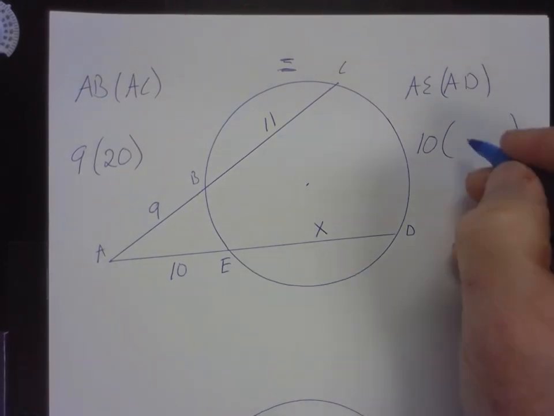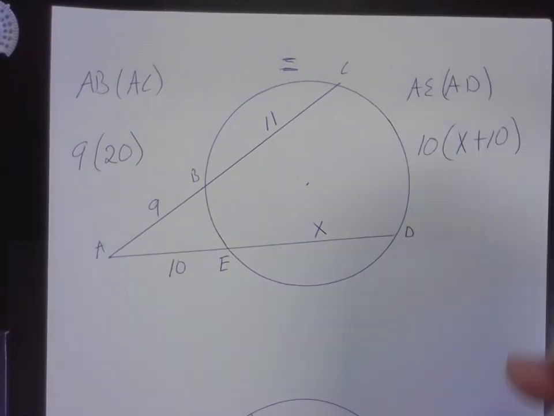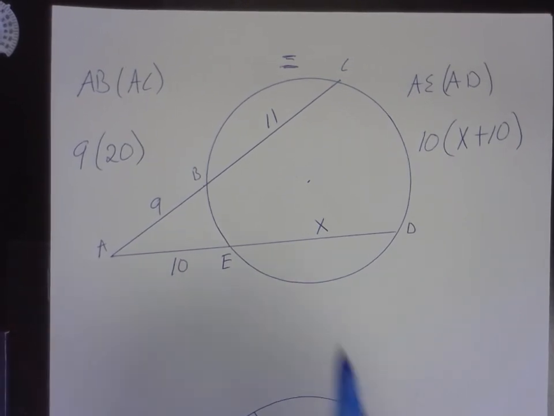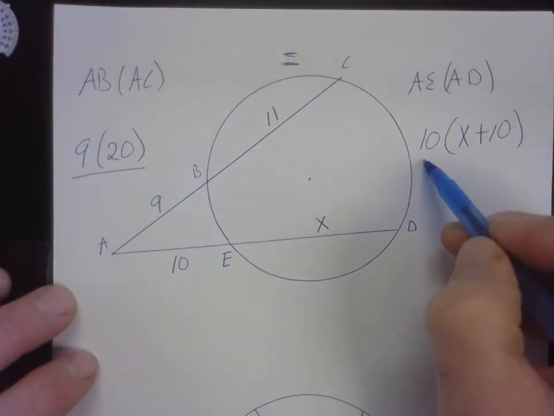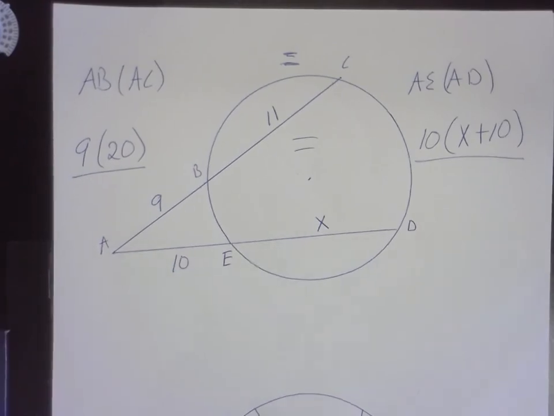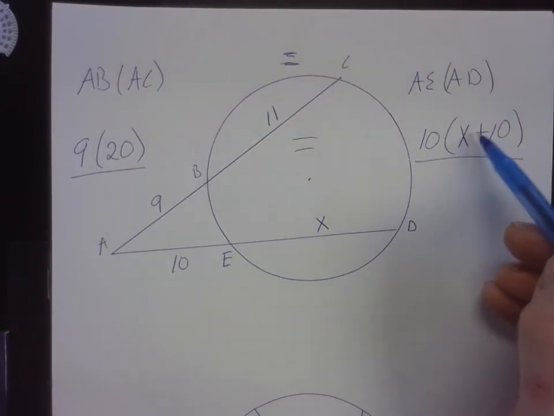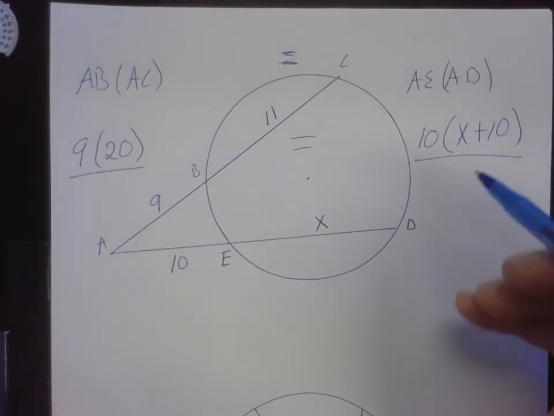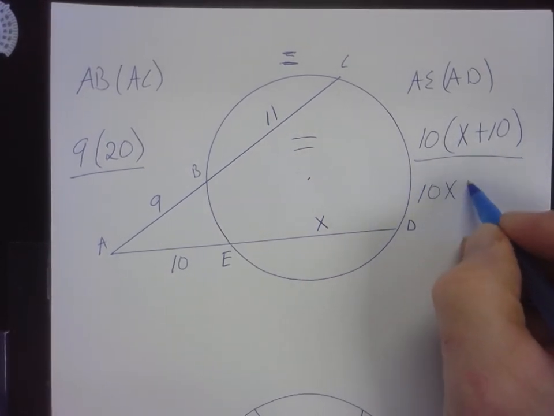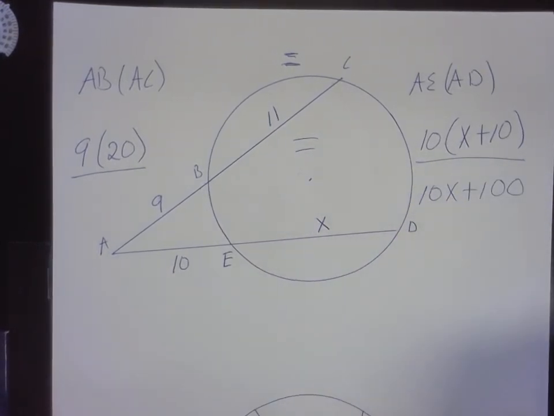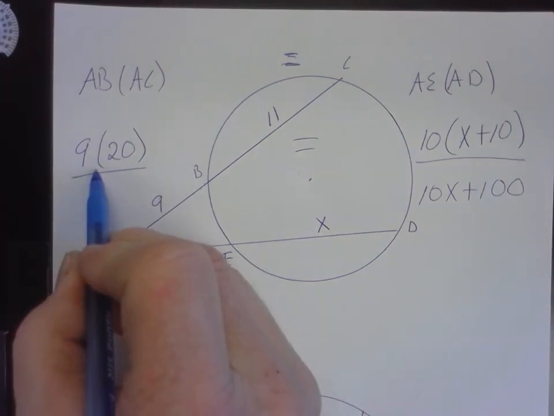Okay, I'm going to put X plus 10, not 10 plus X. Is that okay? But those two numbers right there are equal. And can we solve that for X? Now, you have to put this in parentheses and make sure that you use the distributive property. So we have to say 10x plus 100 over here. And then, isn't this 180?